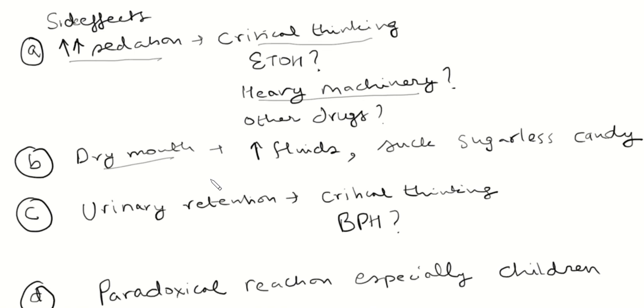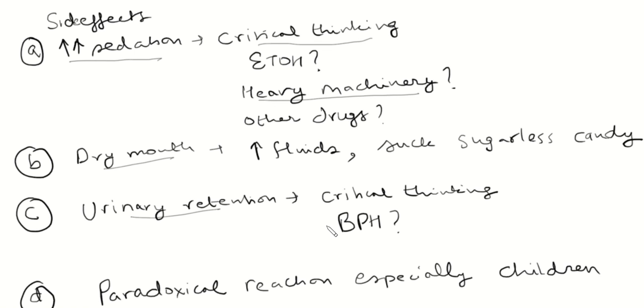Dry mouth. Remember the cholinergic effect? So, what can I do for it as a provider? Encourage more fluid, suck on sugarless candy. Okay? Urinary retention. So, again, what can I do? Educate the patient and monitor them for urinary retention and input and output. Now, let's talk about some critical thinking here.